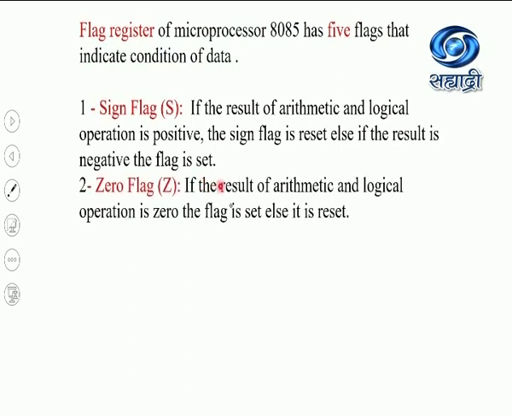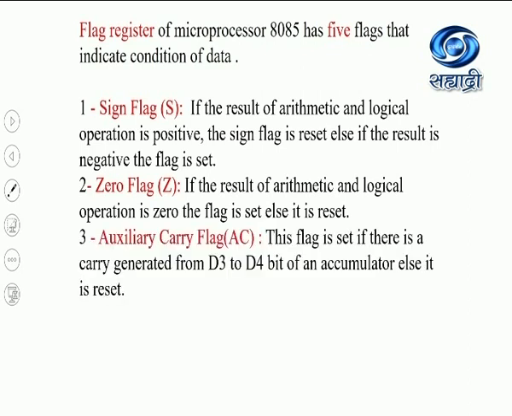Zero flag. If the result of an arithmetic and logical operation is 0, then the zero flag is set, else it is reset. So if I am doing 35 minus 35, the result is 0. In that case, the zero flag will be set. Otherwise, it will be reset.